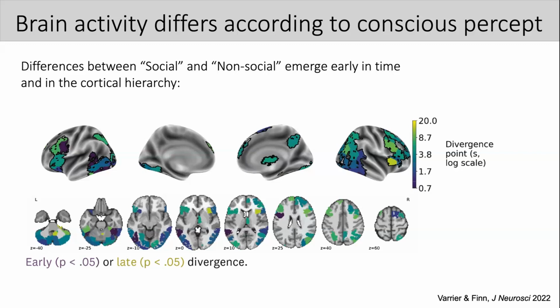Does the brain activity still look the same? Or you say these are AI agents that have been designed this way, or these are bacteria that are alive, but maybe that's not social. And is there some divorce between the way that the brain is processing social information and how people report whether things are social or not?